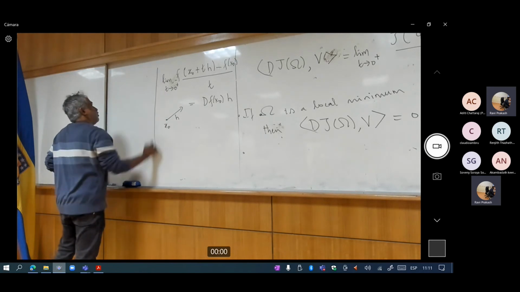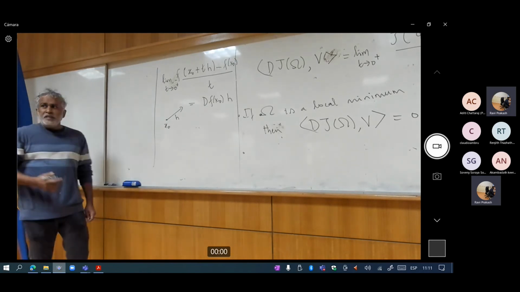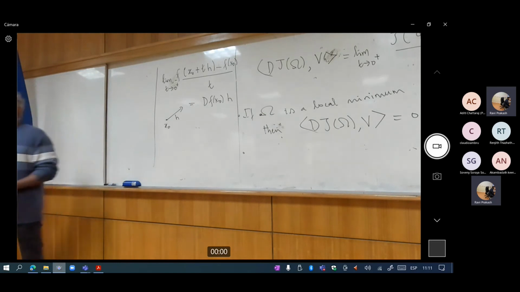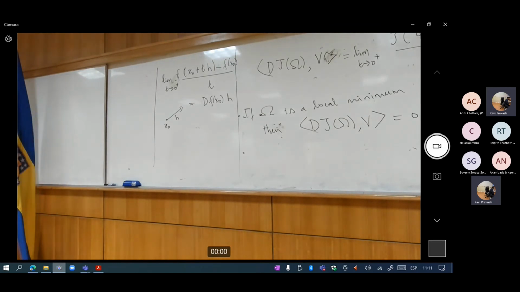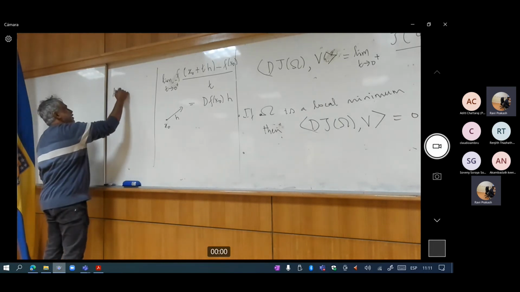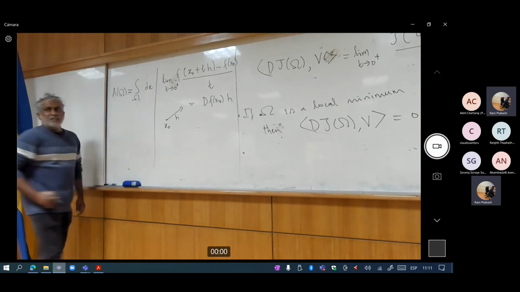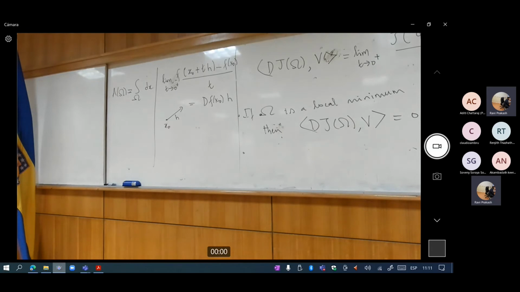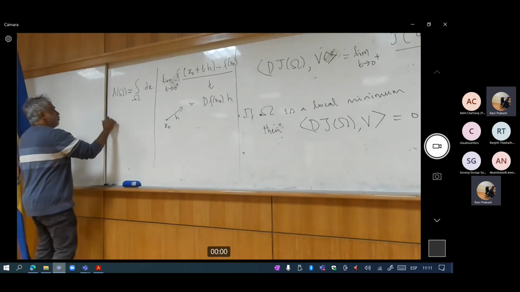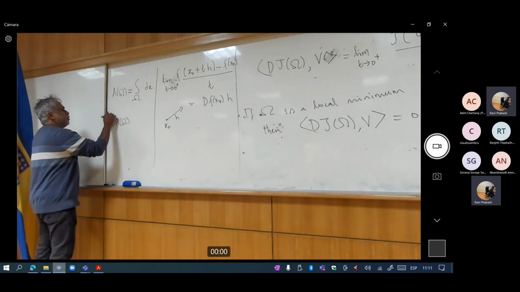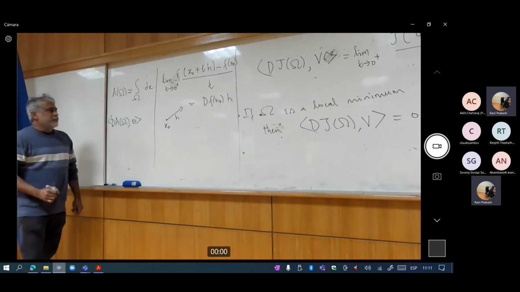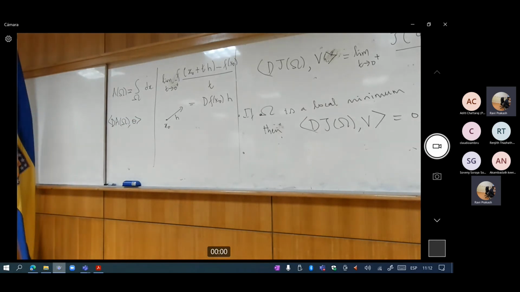So one of them which interested us was the area of the domain in the problem of isoperimetric inequality, in the Dido problem. So the area of the domain is simply the integral on the domain of the constant function. Okay, this is my functional, and I want to know what is dA of omega for vector field theta which acts on the boundary of the domain.